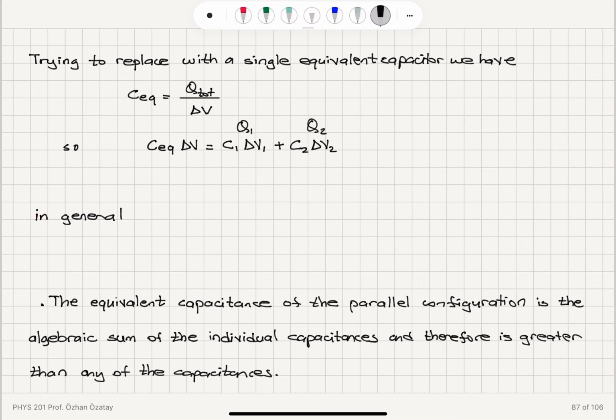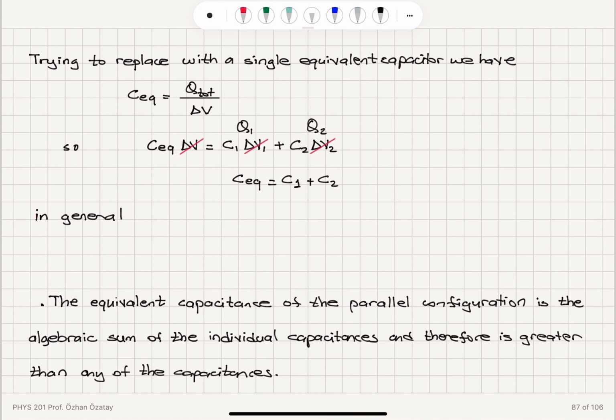Now we know that these voltages delta V, delta V1, and delta V2 are the same. So they cancel out, giving us an equivalent capacitance C equivalent equals C1 plus C2.